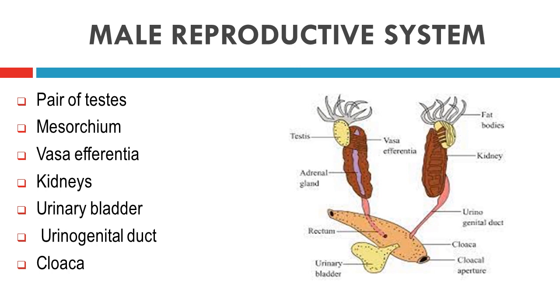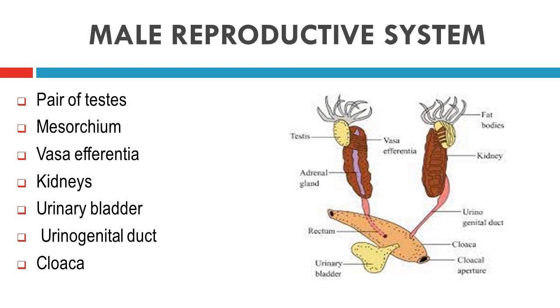These sperm cells will be collected by tubules. That tubule name is vasa efferentia. Can you watch this vasa efferentia? The vasa efferentia collects the sperms produced by the testis. Then the vasa efferentia will open into the kidney.